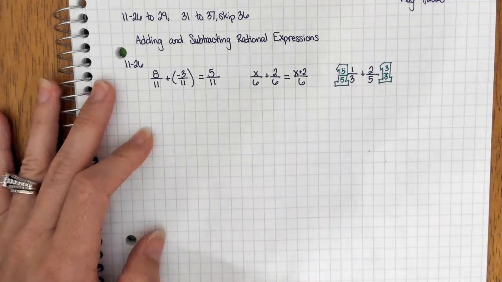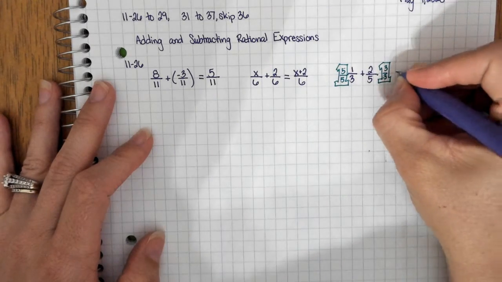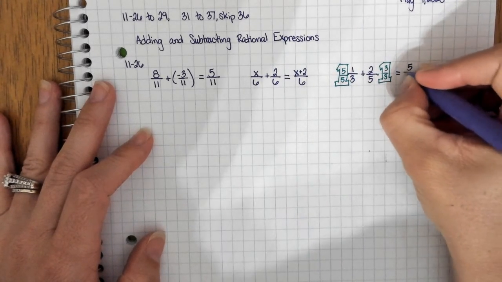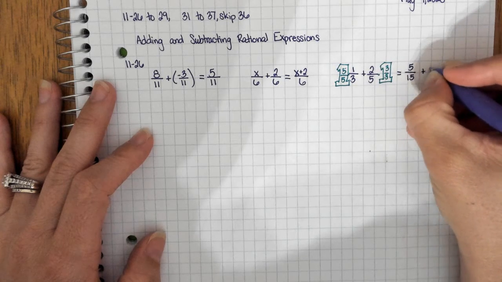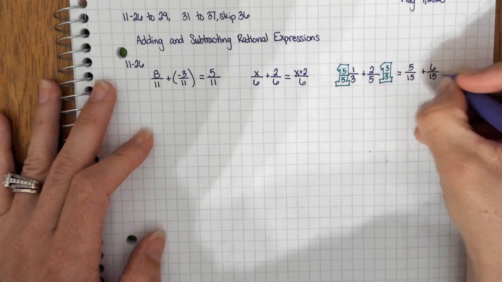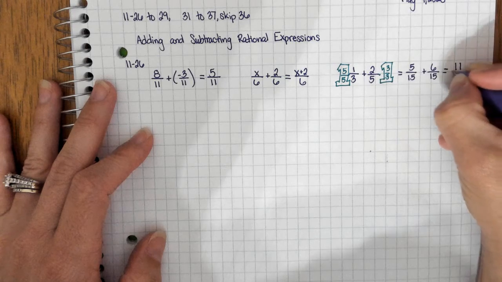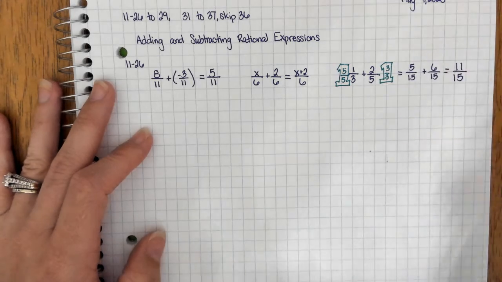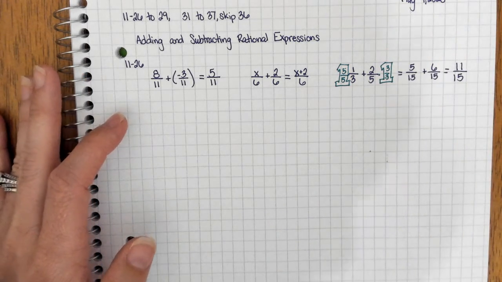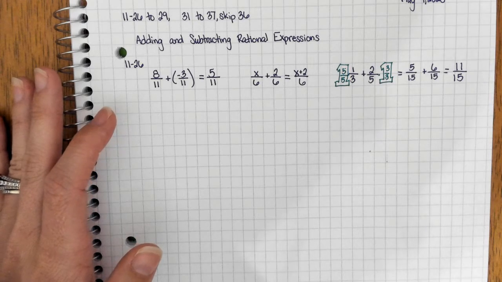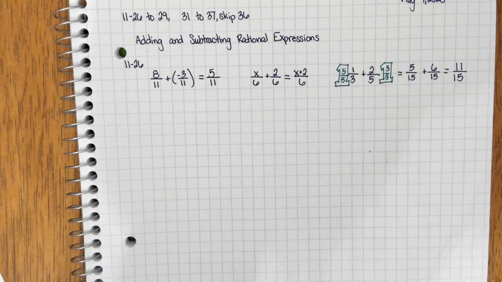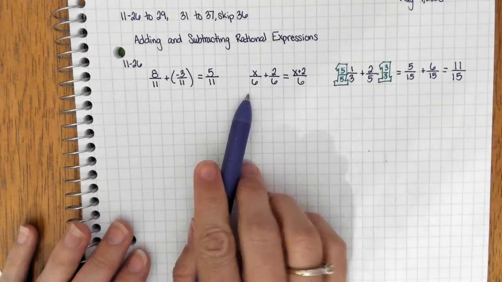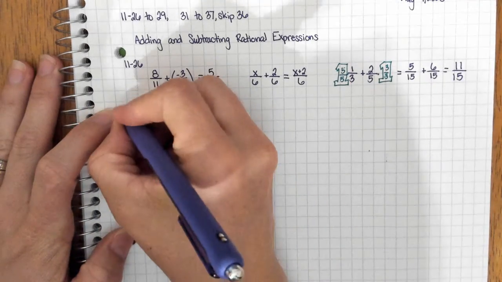You don't need to write those big ones moving forward. So we get 5 over 15 plus 6 over 15. Now that we have a common denominator, we just add our numerators. That's just a quick little reminder on adding and subtracting fractions with and without a common denominator.